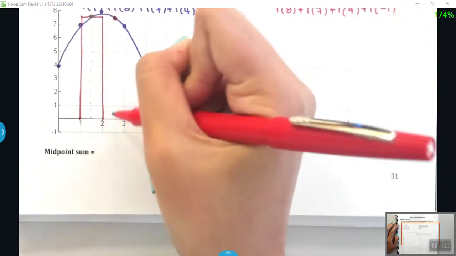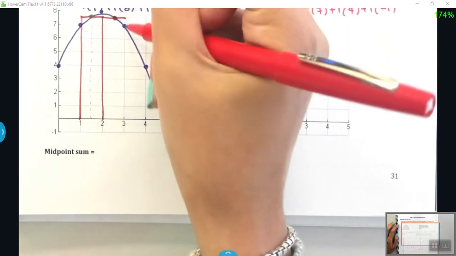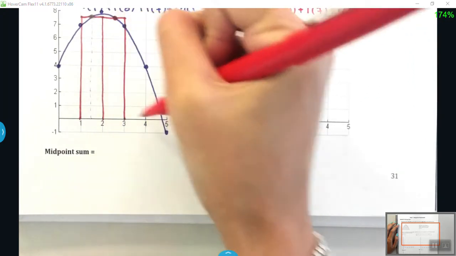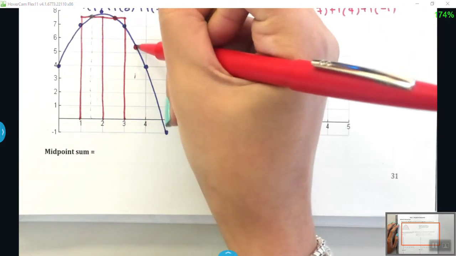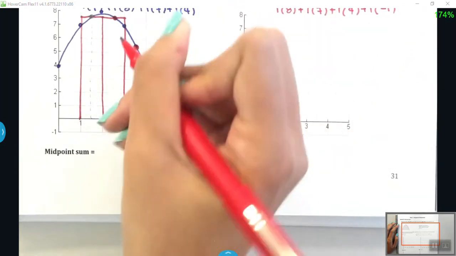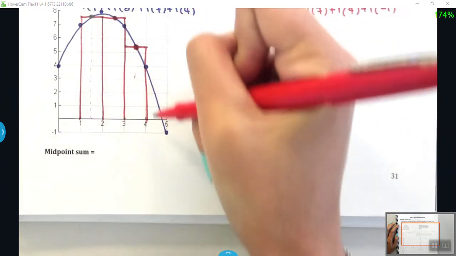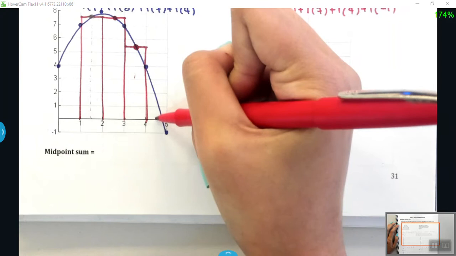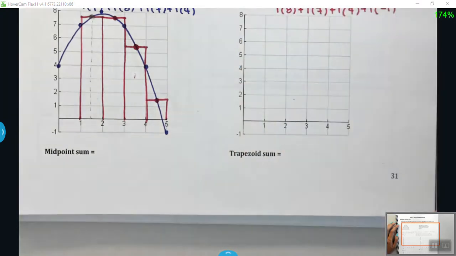Okay, we're going to go halfway in between 2 and 3, which is right here, and we draw a rectangle out and then down. And then halfway in between 3 and 4, you go up to this point, right here, and draw a rectangle out and down. And then halfway in between 4 and 5, it's right here. Okay.